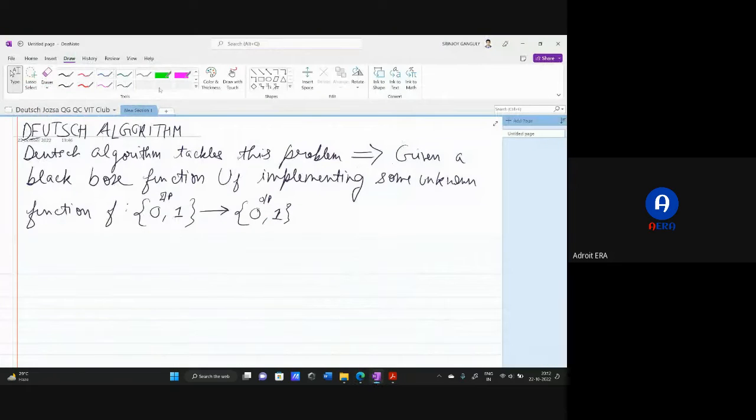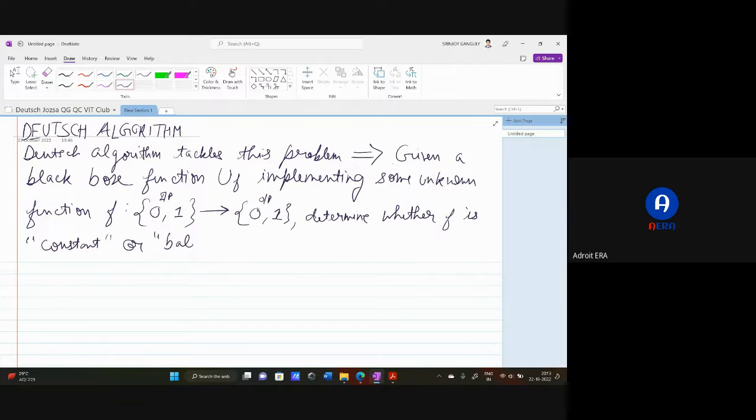The question is that we have to determine whether f is constant or balanced. There are two conditions, constant or balanced. This is what the Deutsch algorithm will be doing: it will be seeing whether this unknown function is constant or balanced.